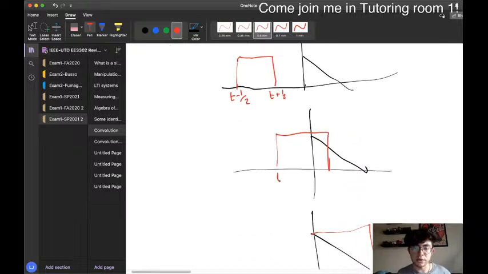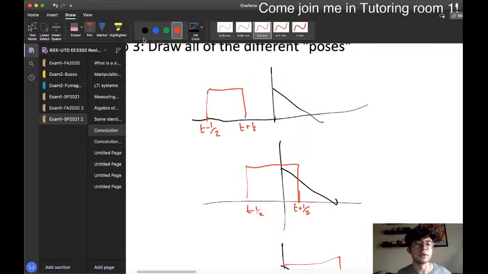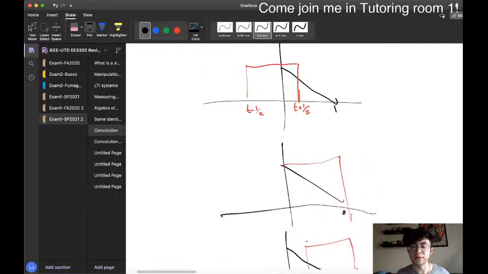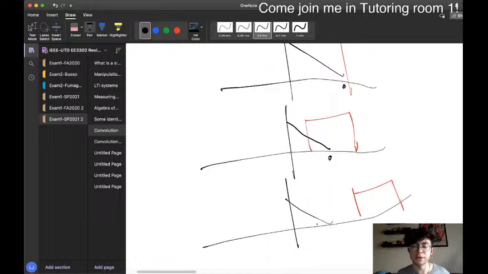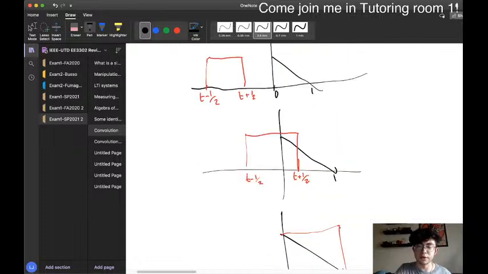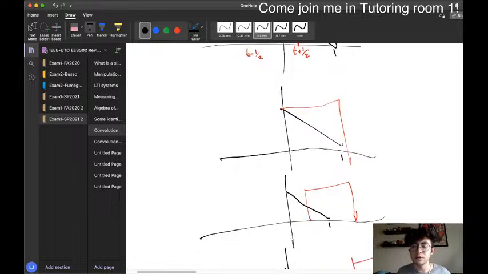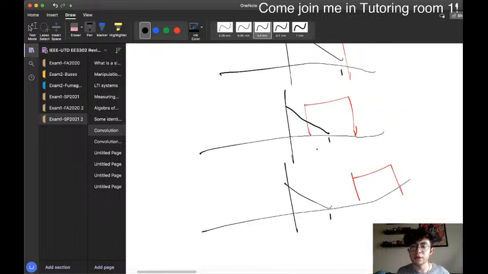This one is t minus 1/2, t plus 1/2. And before I forget, I'm going to get this one on the right too. This is staying static, so it's going to be from its original bounds from 0 to 1. Oh shoot, why am I writing 0? That should be 1.